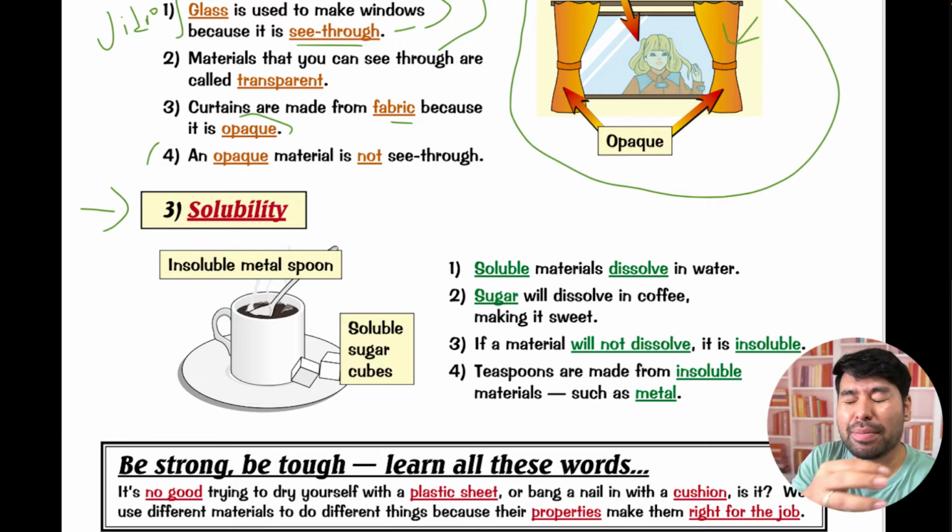Not disappear, yeah, but breaks up in millions of little pieces. So it means that it has solubility, right? For example, yeah, we have a coffee as an example, right? Okay, insoluble metal spoon here, soluble sugar cubes. So okay, so let's go on.